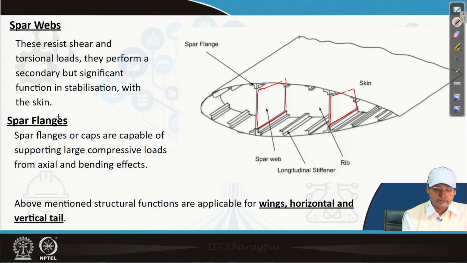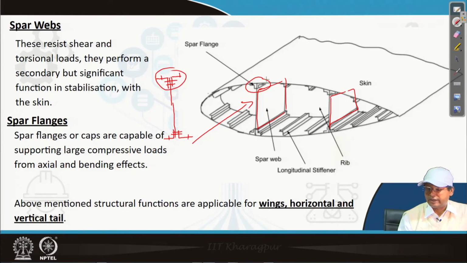Spar flanges generally consist of 3 sections. If we look at this view, there are rivets. This portion is known as the flange, as you see here. Spar flanges or caps are capable of supporting large compressive loads.